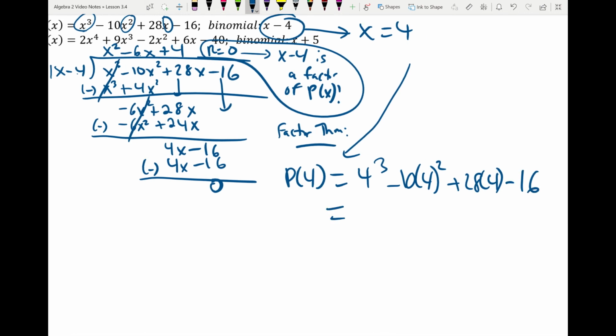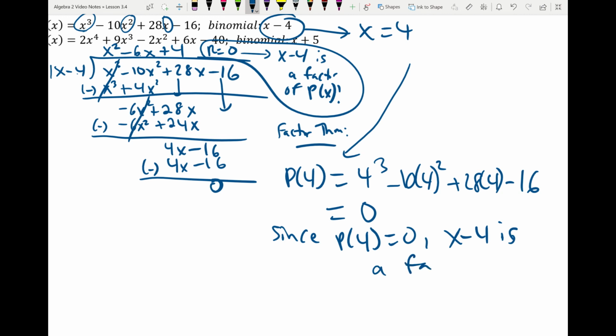You do that on the calculator, you're going to get 0. So since p of 4 is 0, x minus 4 is a factor of p of x.